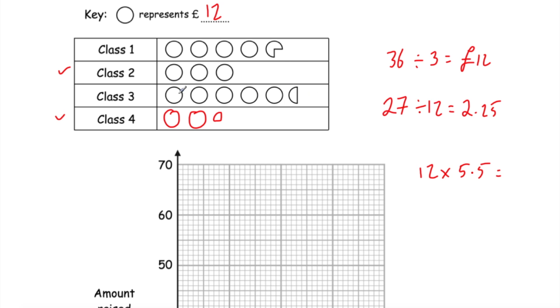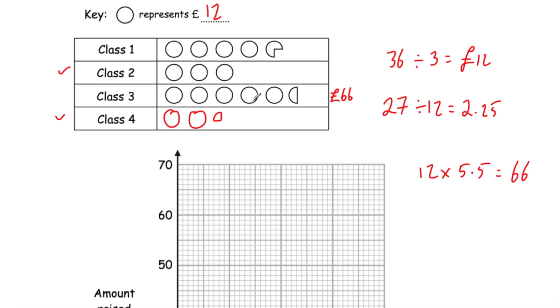I mean, we could go 12, 24, 36, 48, 60, and then half a circle would be £6. That'd be £66. Or we could do 12 times 5.5, and that's equal to £66 as well. Actually, thinking about it, I probably just would go 12, 24, 36, 48, 60, and half a circle is £6. That's £66.